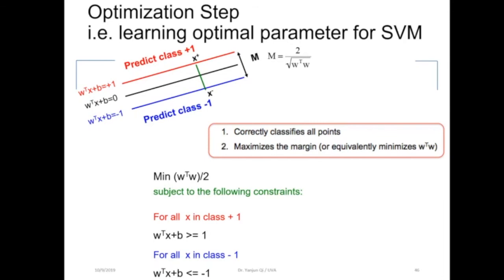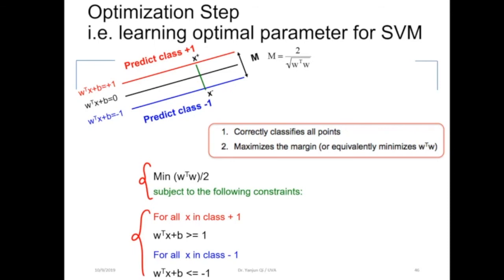This guarantees that the positive class gets predicted as positive. For all the points in the negative class, I want this formulation W transpose X plus B to give me predictions all smaller than -1. And this guarantees the second goal, classify correctly, and the upper part achieves the first goal to maximize the margin.